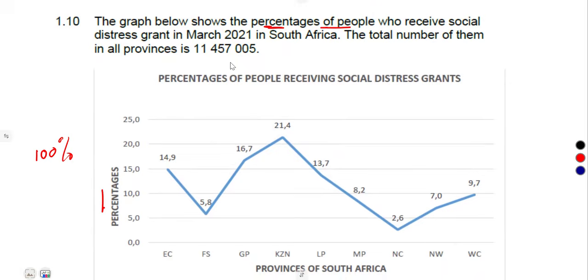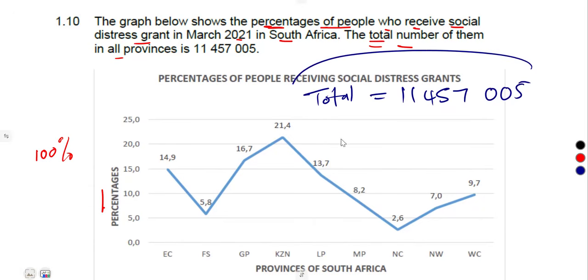So do not worry. They're saying these are percentages of people who received social distress grant in March 2021 in South Africa. They gave us the total number of people, which is 1,457,005.